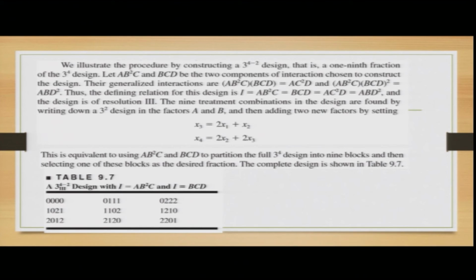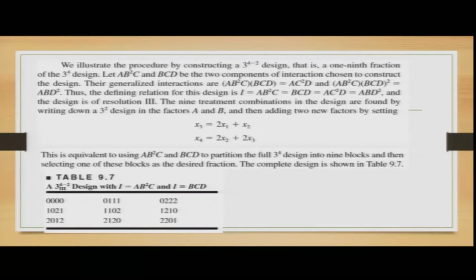In the second case, alpha 1 is 1, alpha 2 is 1, alpha 3 is 0, alpha 4 is 2. Based on that you can find the best combinations. Thus the defining relationship of the design would be, reading the last one only, A B D square, which is alpha 1 is 1, alpha 2 is 2, alpha 3 is 0, alpha 4 is 2.